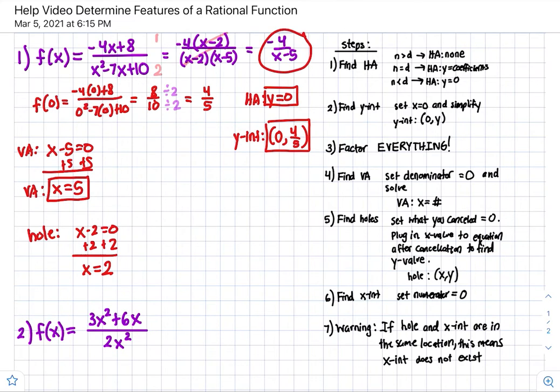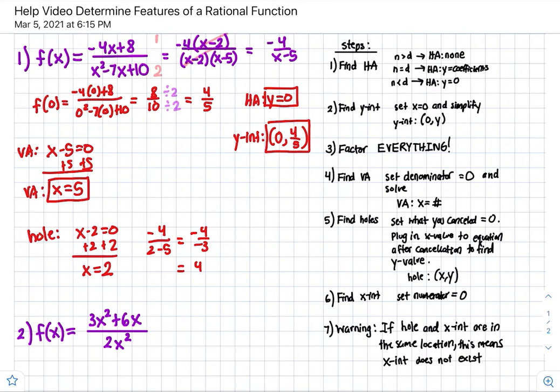Here's the equation after cancellation. So we're going to substitute 2 into there to get -4 over 2 minus 5, which is -4 over -3, and a negative over a negative is a positive, which is 4/3. So our hole is a coordinate, so our coordinate's going to be 2, 4/3.